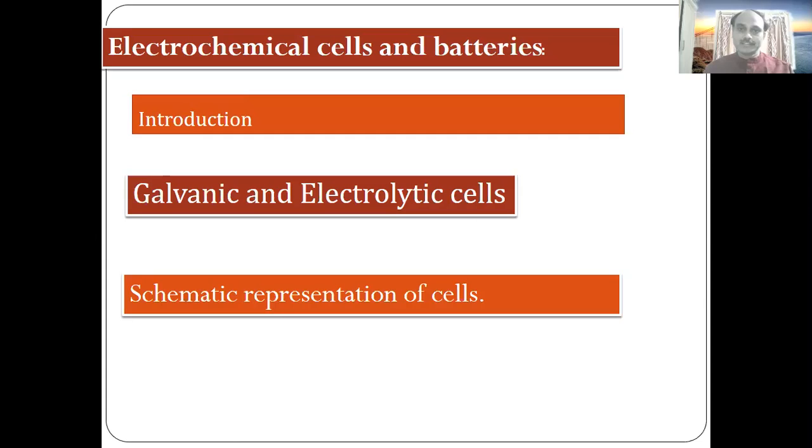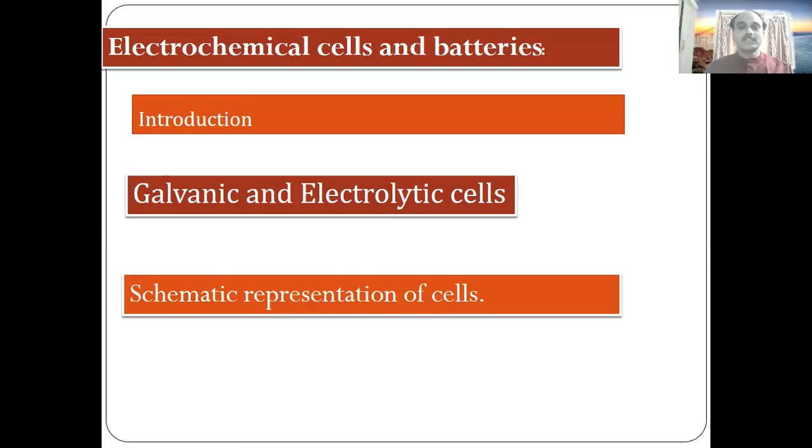But the electrolytic cell, as the name itself indicates, has an electrolyte which undergoes lysis, that is, breaking into cations and anions at the respective electrodes at the expense of the electric current. That is the difference between the galvanic cell and electrolytic cells.